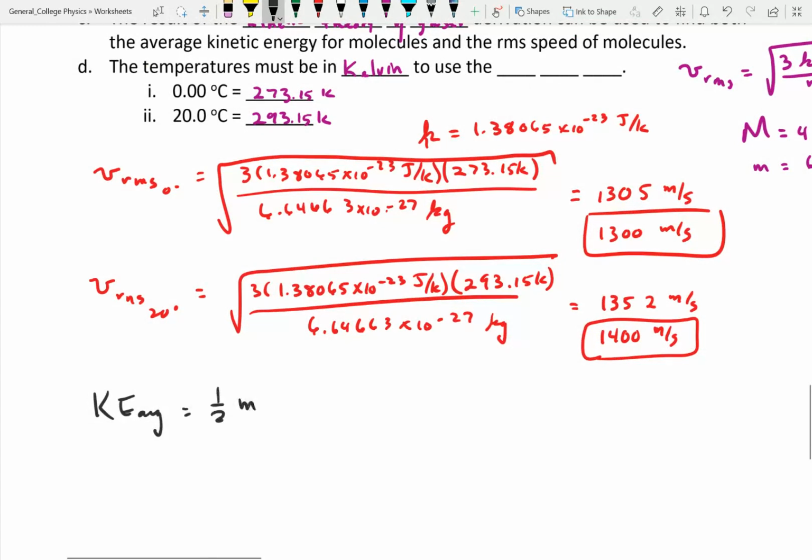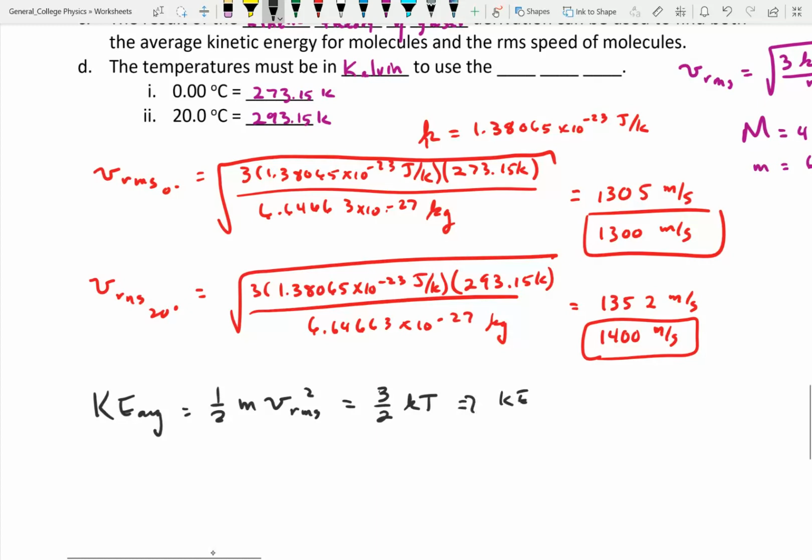It's 1/2 m v RMS squared. That is, the average kinetic energy is the average of 1/2 mv squared, but v RMS is the square root of the average of v squared. The other way of doing it is 3/2 kT. It's generally easier to do the 3/2 kT, so I'm going to do it that way.